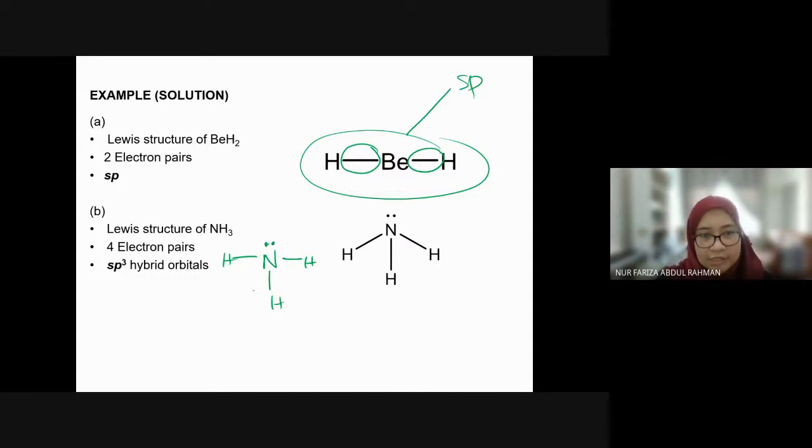Katakanlah this is your Lewis structure kan. Nak determine the hybridization, just count the number of total electron group on center. 1, 2, 3, 4. Dah boleh dapat dah sp3. Okay, tak perlu transform into the correct geometry lah.